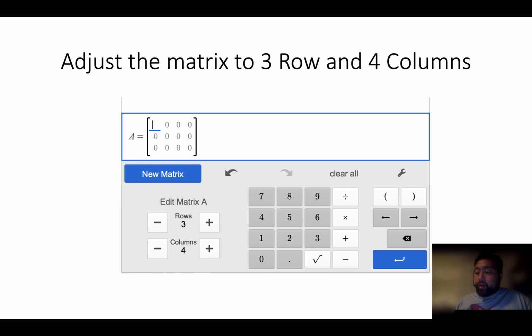And then here, I want you guys to adjust the matrix. We know that it's 3 rows by 4 columns. So you adjust it by hitting the plus and minus button. It should be 3 rows, 4 columns.